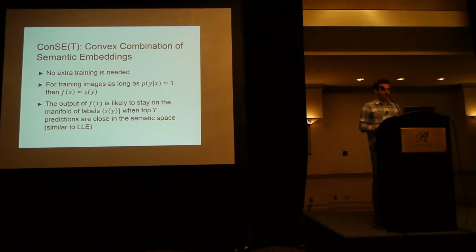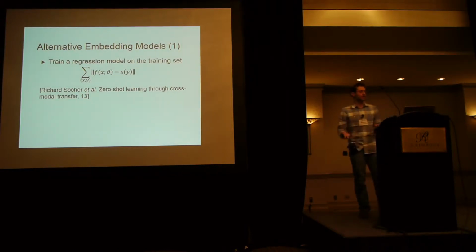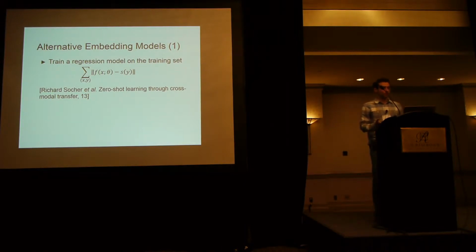Now, what are the alternative models? One approach is to use a regression-based model in which we try to fit the function f to images and their labels. So we try to make the embedding for images close to the embedding for the words. And this is an approach proposed by Socher and colleagues in NIPS last year.